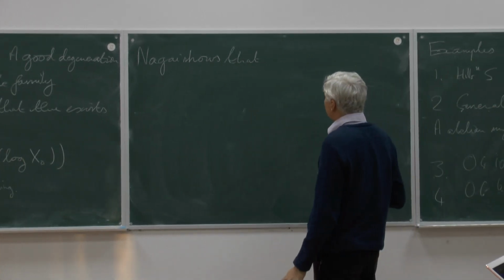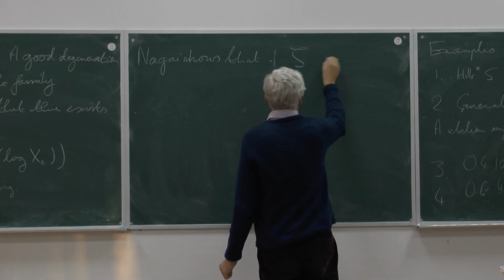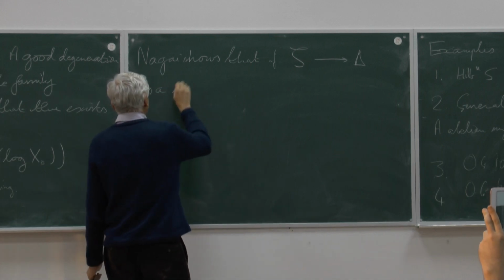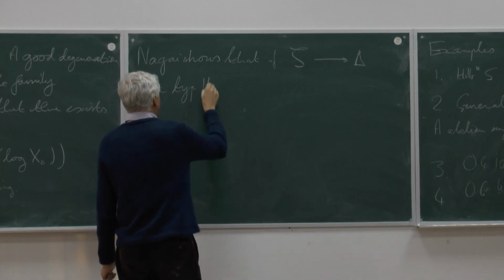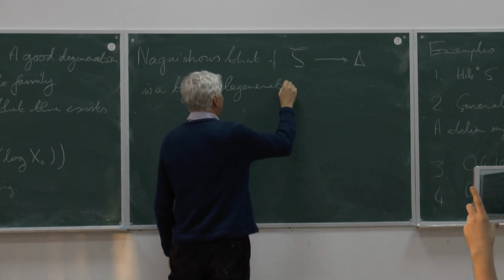So Nagai showed us that if this is a type 2 degeneration, I'll say a little more about that. How much time have I got?